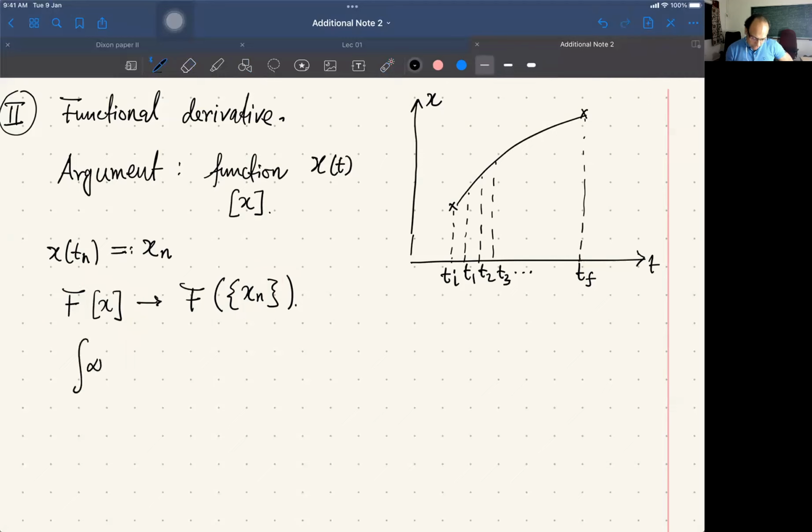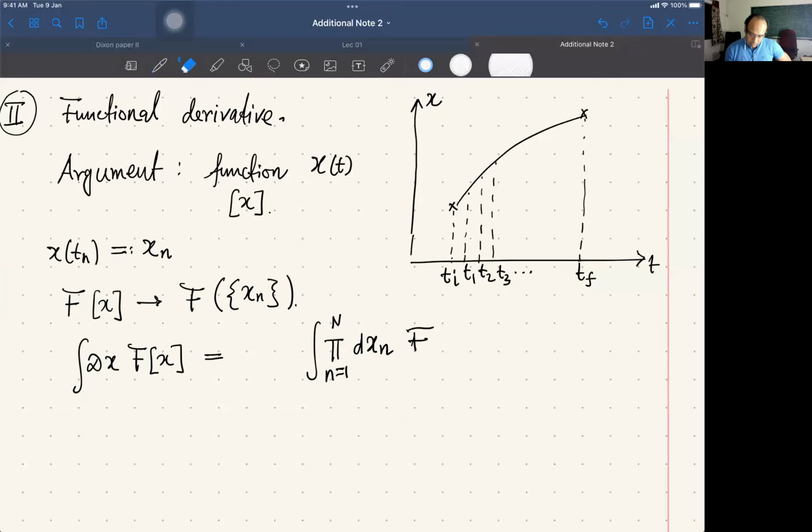So the functional integral of f of x is the same as the product over n of the integrals dxn, of f of xn.